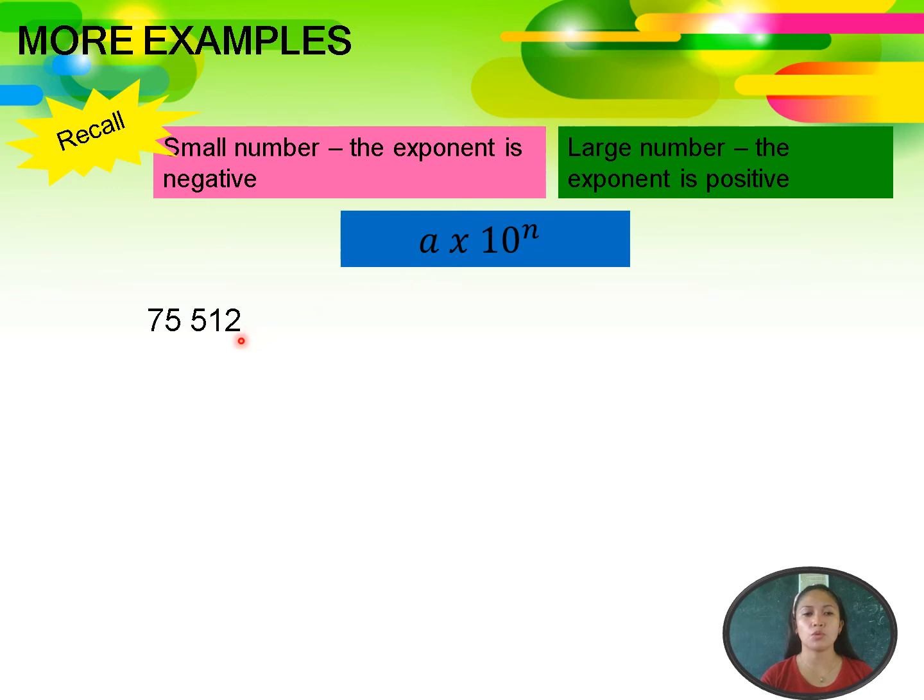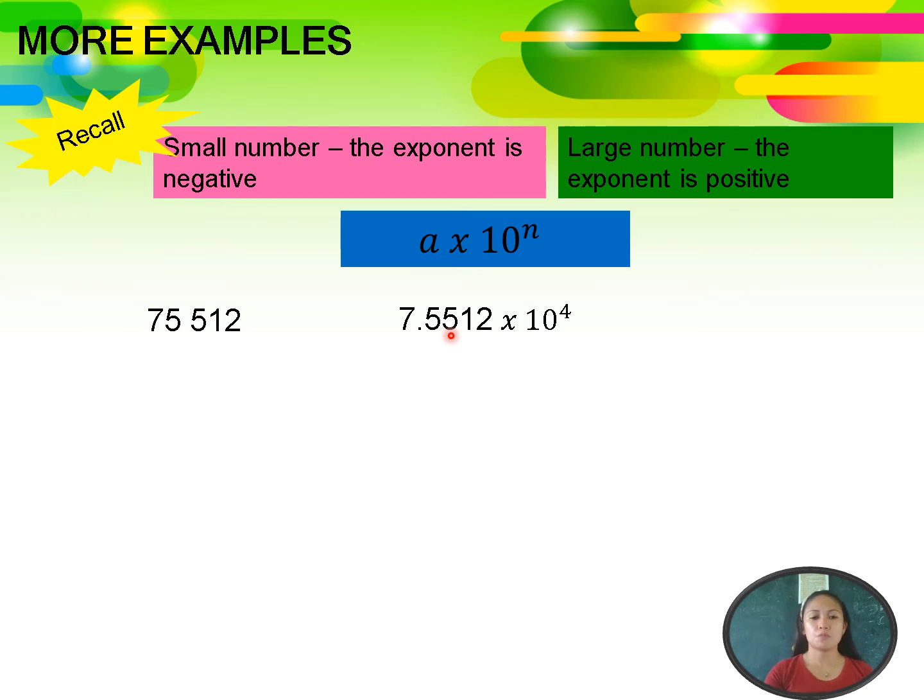So we'll move to the left 1, 2, 3, and 4. So we'll stop here. So we have 7.5512. So we have here the first factor, 7.5512. So it satisfies the condition that our a should not be equal to 10 or greater than 10.